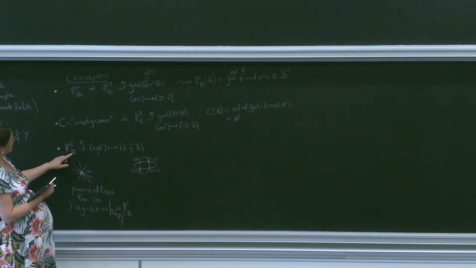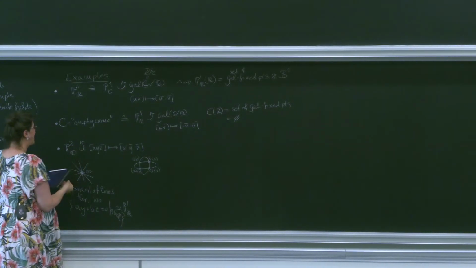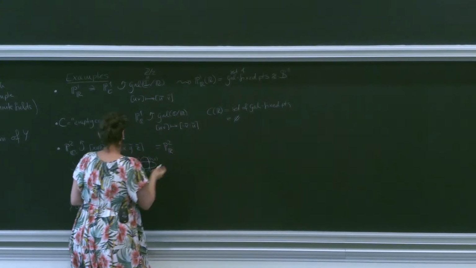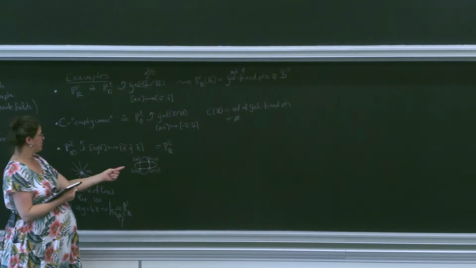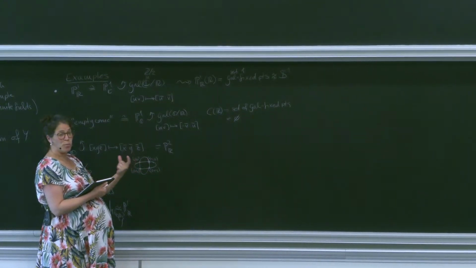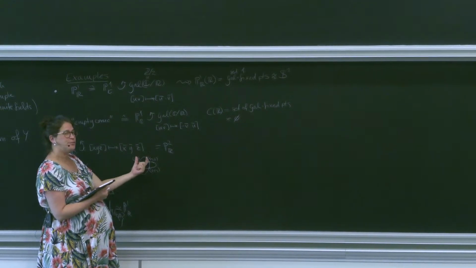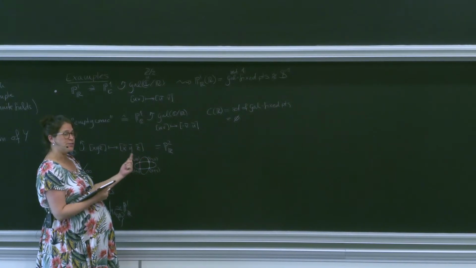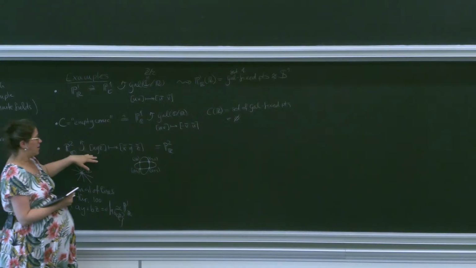Because I look at my P2 with a Galois action, one point is an orbit under the action. So these two points count as one point. Whatever I do to them, I have to do it to both of them. I blow up one, I have to blow up the other, so that what I blow up is equivariant, or invariant, under the action.